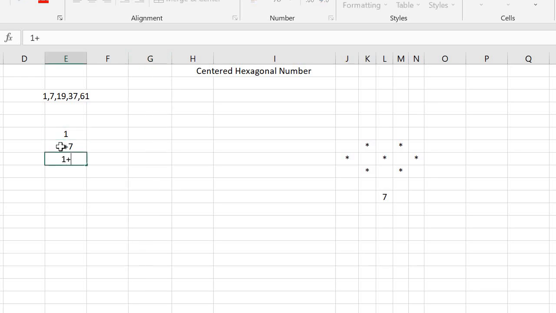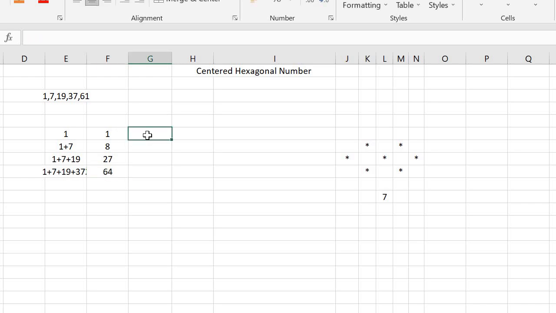Next will be 1 plus 7 plus 19, it is 19 here, and then we have 37. So the sums will be 1, 8, 27, and after 27, 64, right?